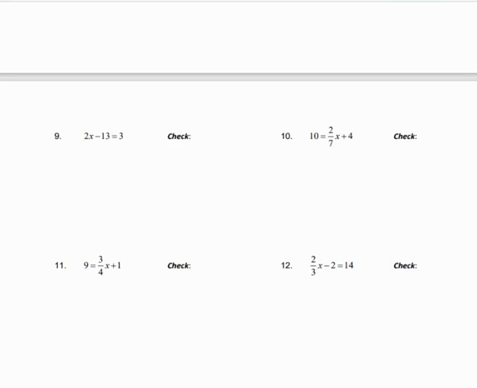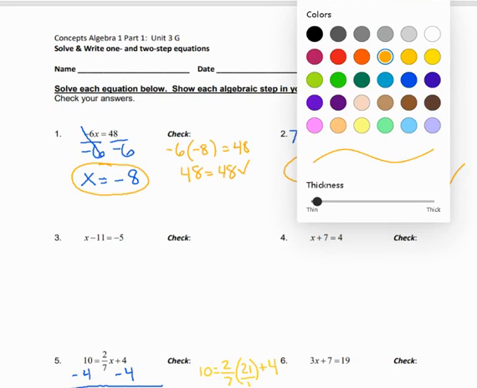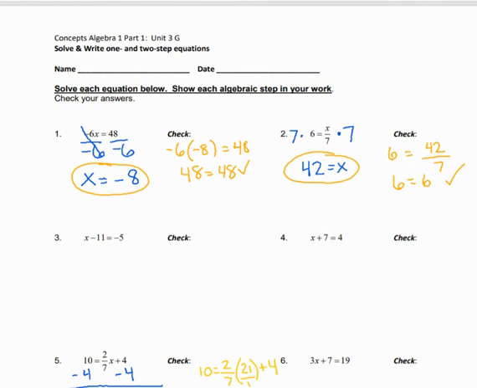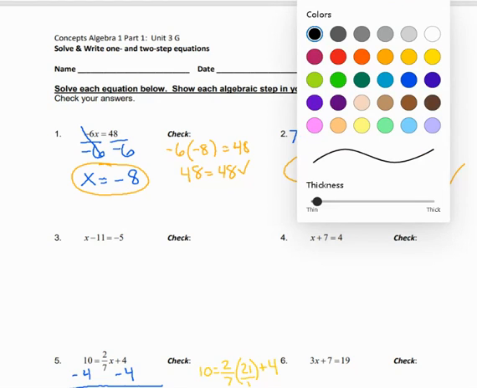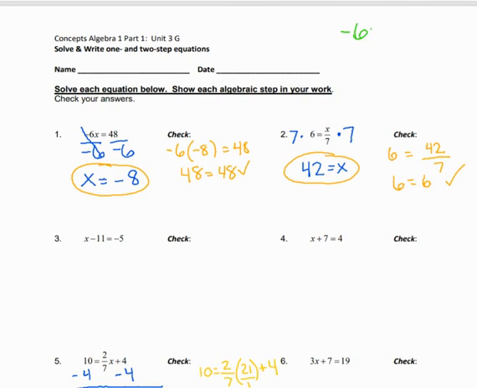But wouldn't it be +6 for 1 because it's negative? Okay, let's go back to number 1. The question is, wouldn't it be +6? So let's just talk about that. I'm just going to write it up here in green, and then I'll erase it afterwards so it doesn't save. The problem says -6x equals 48.